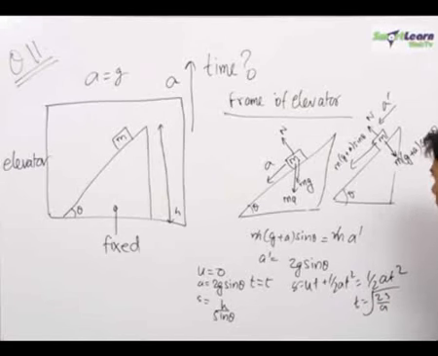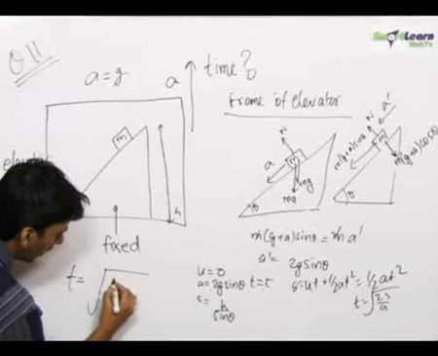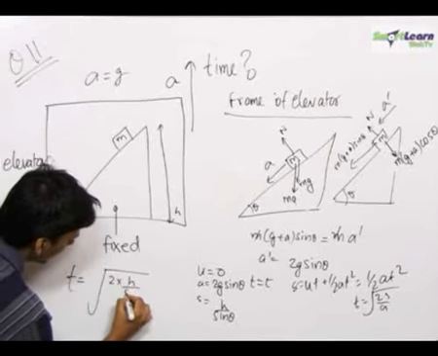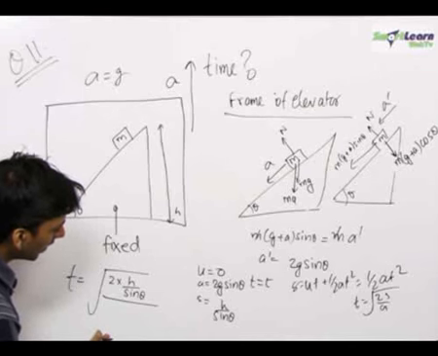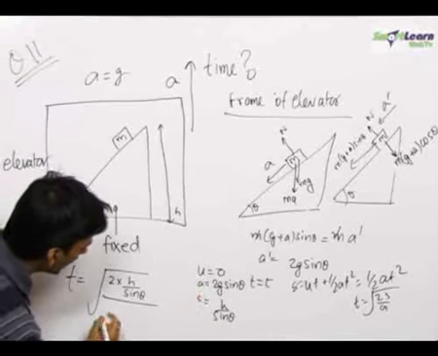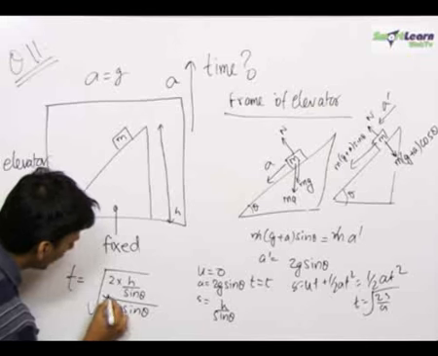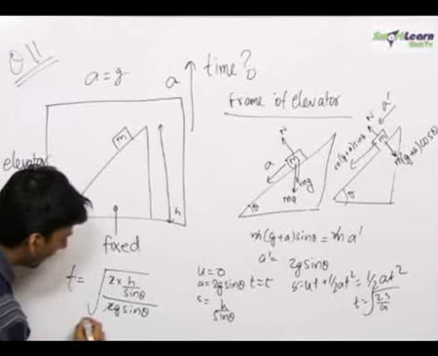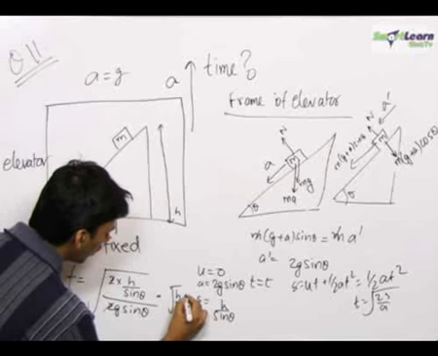Therefore the time is equal to root over 2 into h upon sine theta upon a, where a is 2g sine theta. Therefore 2 gets cancelled. Therefore the final answer for time becomes root over h upon g into cosec theta.